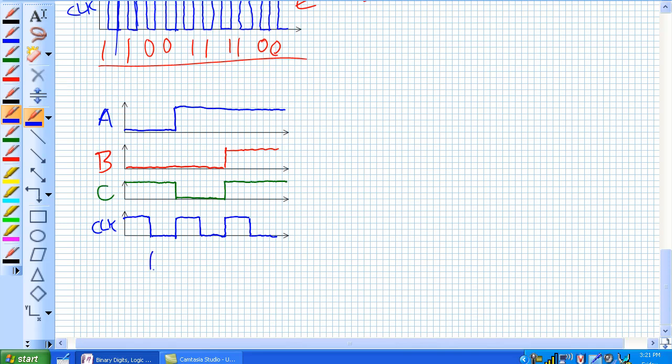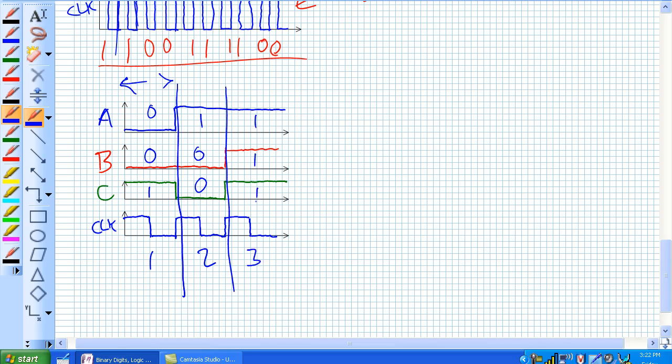Well, at bit time 1, which is this bracket in between here, A is taking the value of 0, B is also a 0, and C is a 1. Bit time 2, between here and here, we've got 1, 0, 0, and bit time 3. Now that's what we're looking for. All are simultaneously 1s at bit time 3.